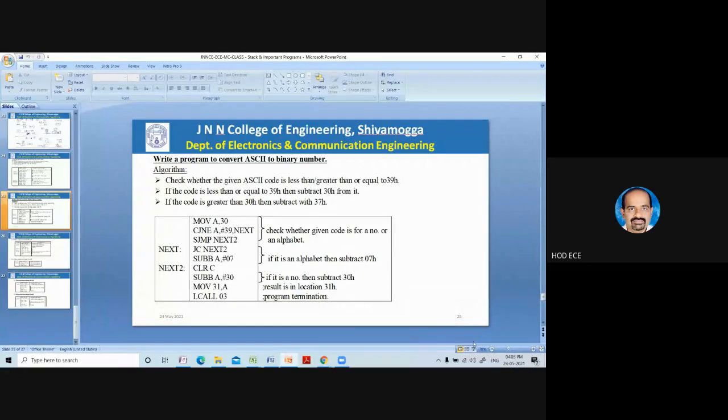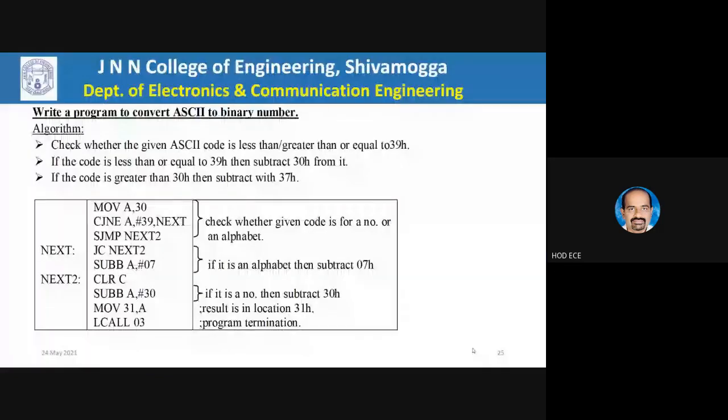So this is the program for ASCII to binary. Check whether the given ASCII code is less than, greater than, or equal to 39H. If it is equal, then you just subtract 30. 39 minus 30 becomes 9.